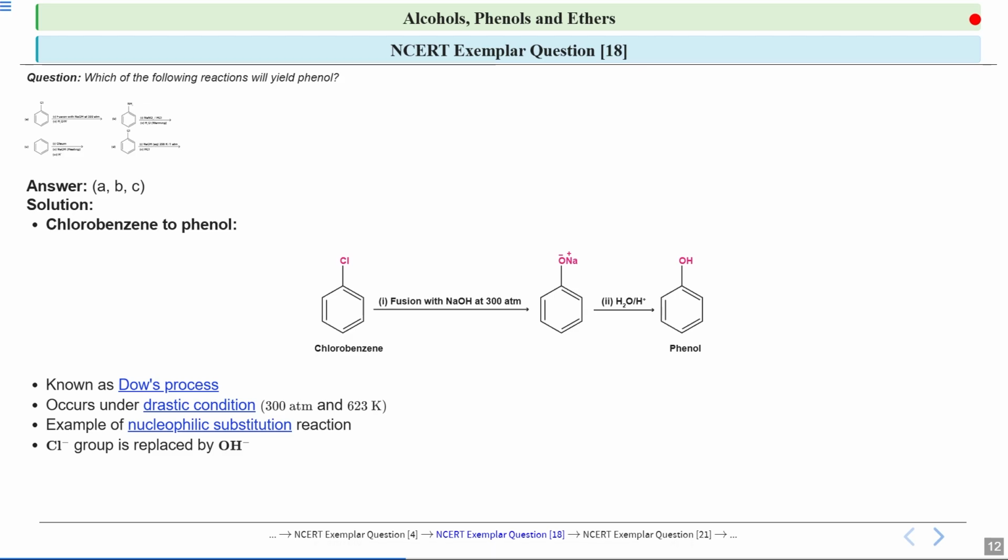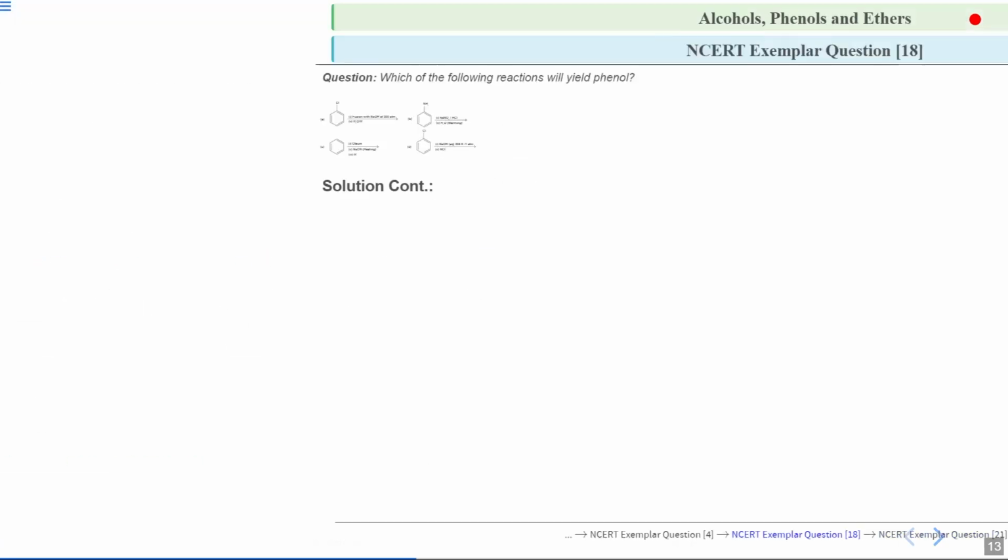This substitution is crucial because it transforms chlorobenzene into phenol. So this option is correct because from chlorobenzene you are getting phenol. But you need to remember this happens under drastic conditions, which are 300 atm and 623 Kelvin.